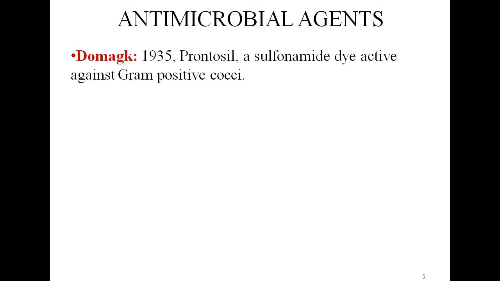In fact, he treated his own daughter for a gram-positive cocci infection. So Prontosil, a sulfonamide, was the first antimicrobial agent used because it is a synthetic substance, whereas penicillin, being natural, is the first antibiotic which was used. In 1928, Fleming discovered penicillin, but by the time it came to be used in human beings, it was almost another 7 to 8 years.